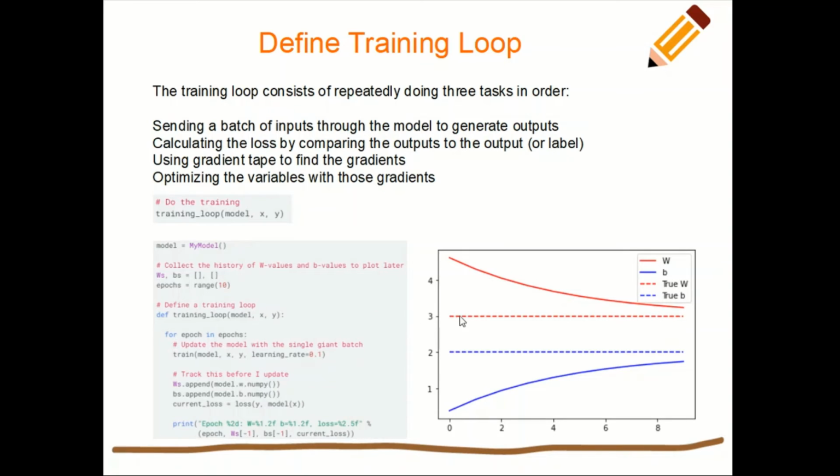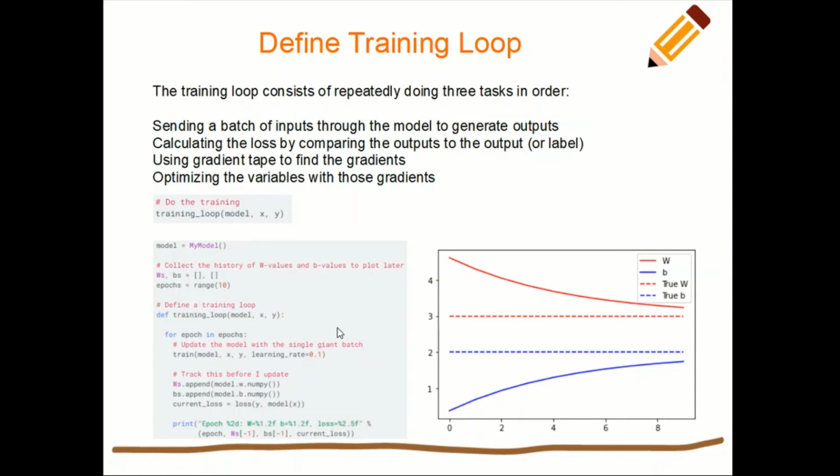Now if you remember, this true weight was 3 and the true bias was 2, and we started with 5 for the weight. So that weight will converge throughout the epochs to the value of 3, and we started with 0 for the bias, and it will converge to the value of 2 throughout the epochs.